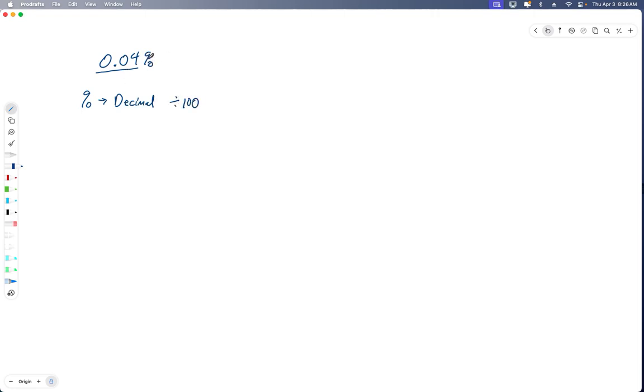That's what the symbol means. This symbol means divide by 100, right? So 0.04 divided by 100 is going to move this decimal space 2 places to the left. So that's going to equal 0.0004. This 4 place value is the 10,000ths.